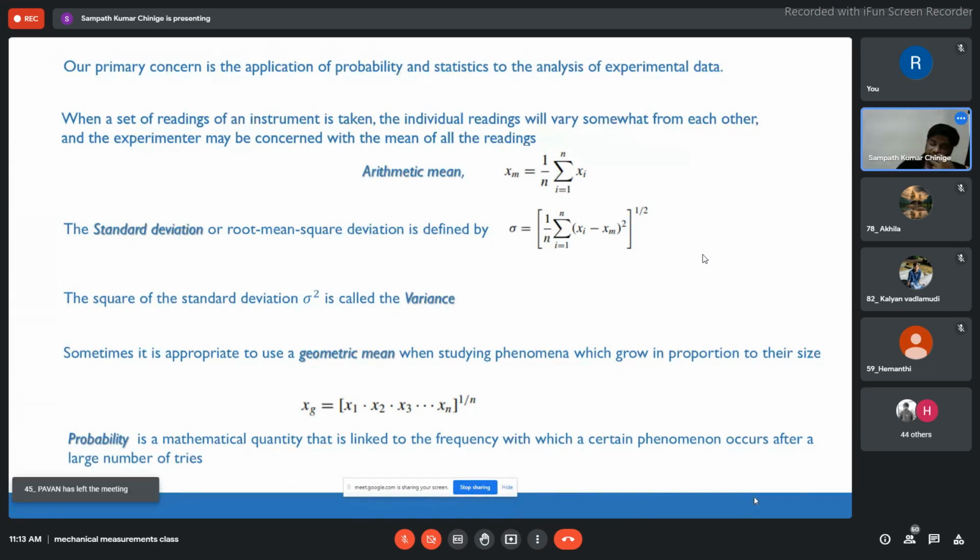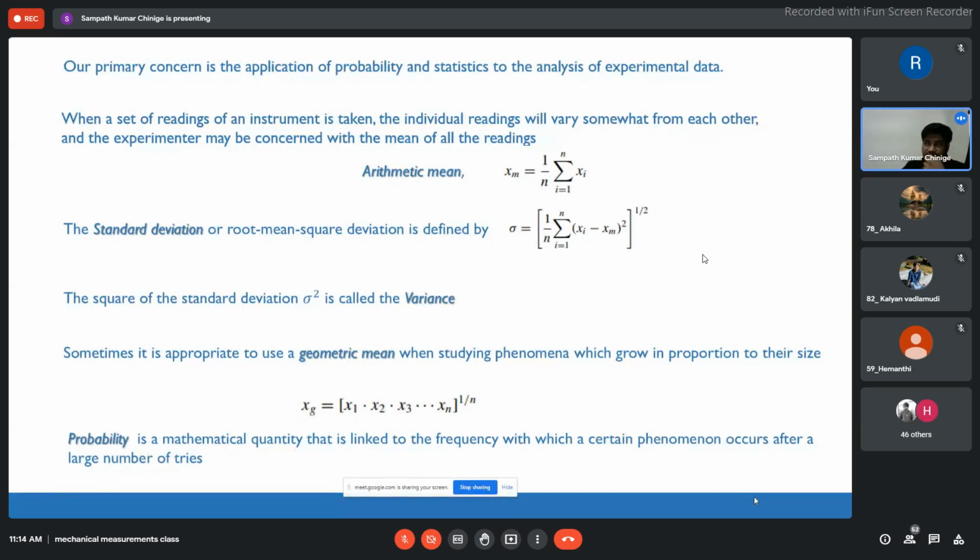For example, as I told you yesterday, if I try to throw a stone at a nearby pole which is far away, every time I throw it, sometimes it will land very close, sometimes far away, sometimes at the exact position. Likewise, with the same instrument, we get a lot of different readings.